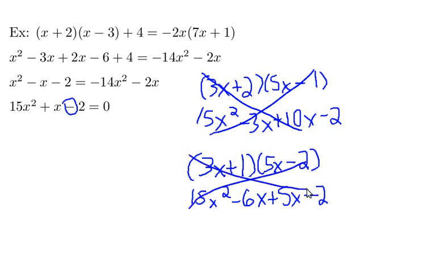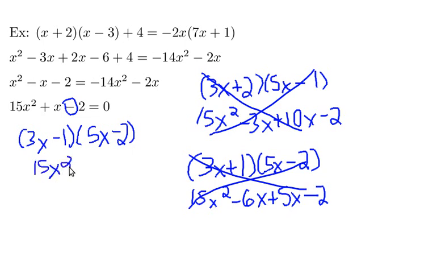So let's redo this, but switching the signs, and I'm going to do it over here. So we have 3x minus 1, 5x plus 2. Then we'll have 15x squared plus 6x.